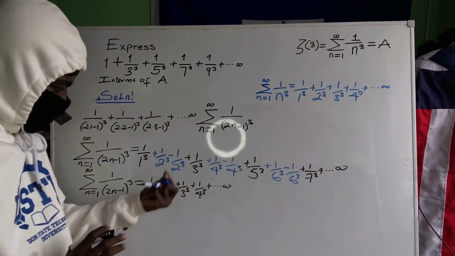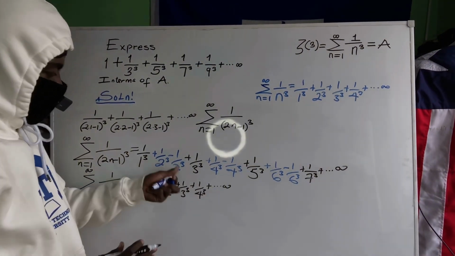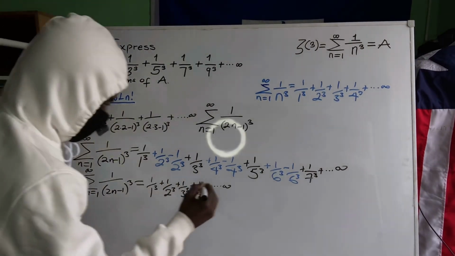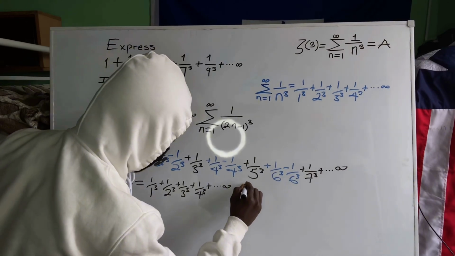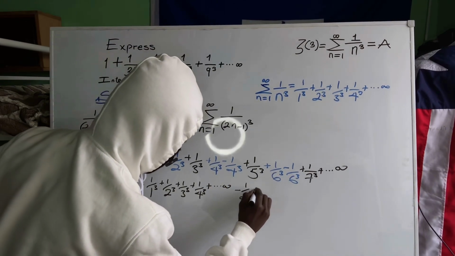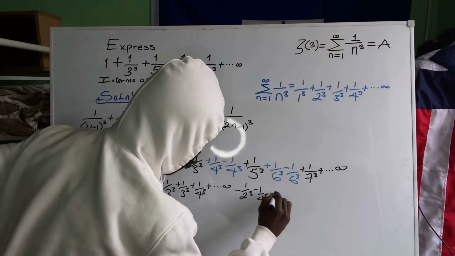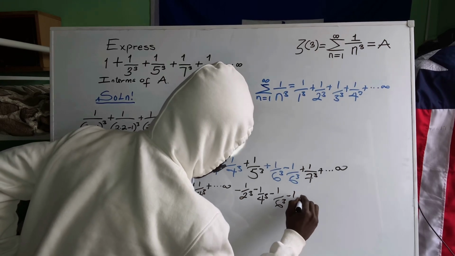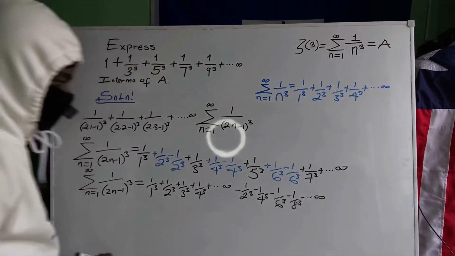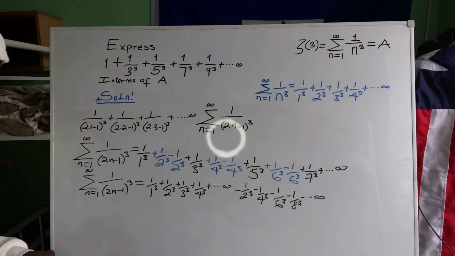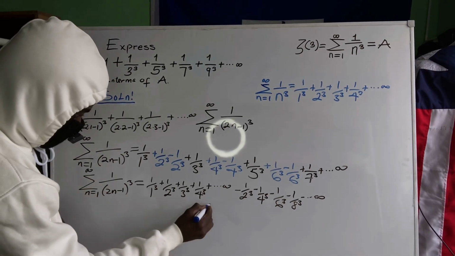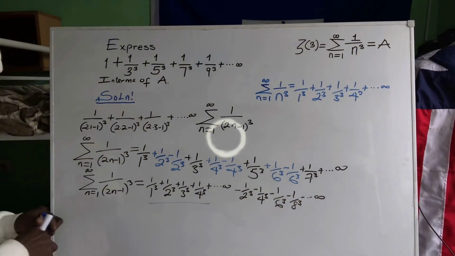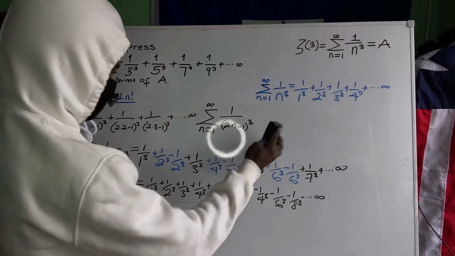Now what we don't have here, they are all the negative version of the even terms. So we're going to write minus 1 over 2 cube minus 1 over 4 cube minus 1 over 6 cube minus 1 over 8 cube minus, and this continues forever. Are we observing this, guys? If you look here, this is just the zeta of 3. So let me get something out so that we can continue.